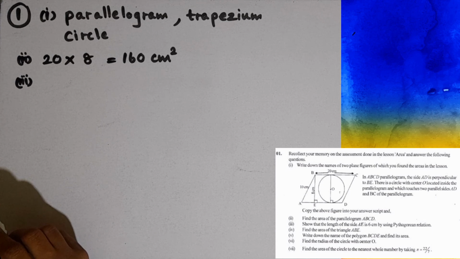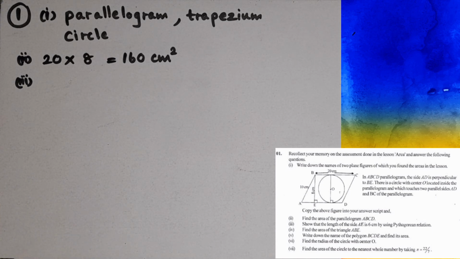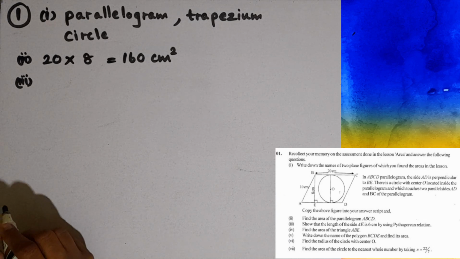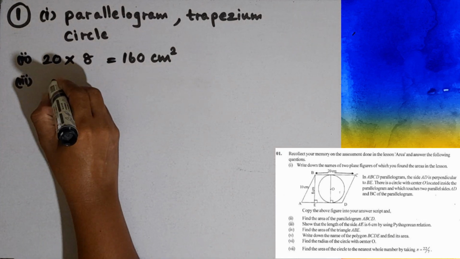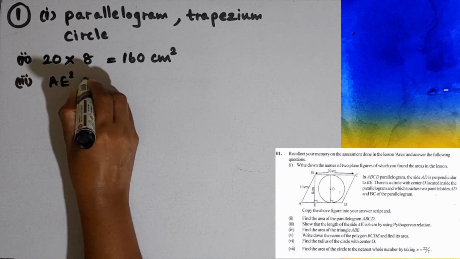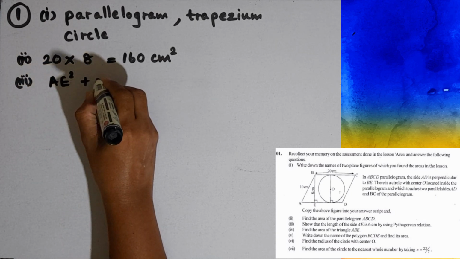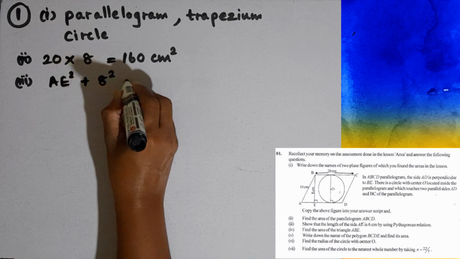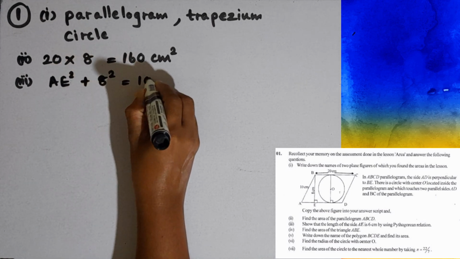Then third part, show that the length of the side AE is 6 centimeters by using Pythagoras relation. If we use the Pythagoras relationship for AEB triangle, we can take AE squared plus BE, which is 8, 8 squared equals 10 squared.